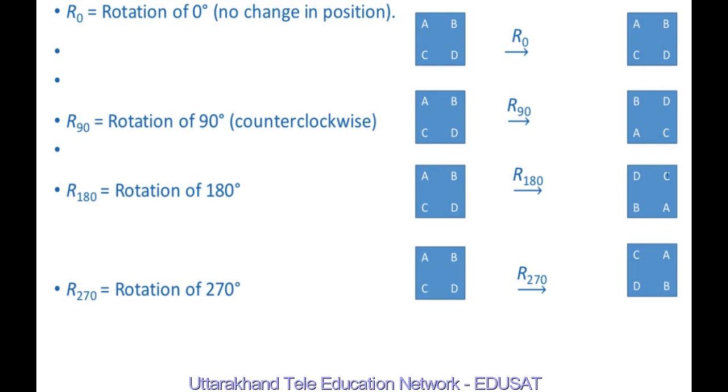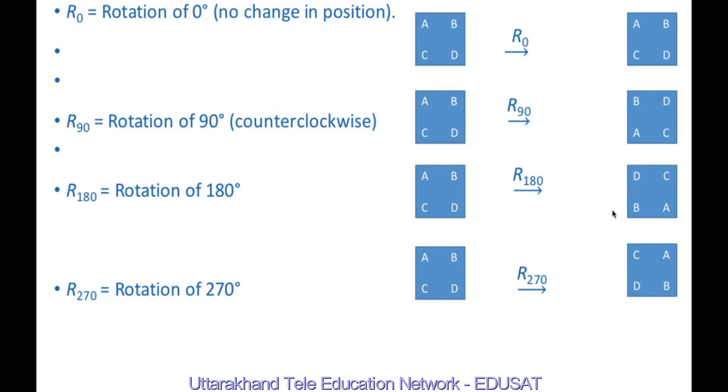If we again rotate it by 90 degrees, then corner B will come here, corner A will shift here, corner C will come here, and corner D will get this position.